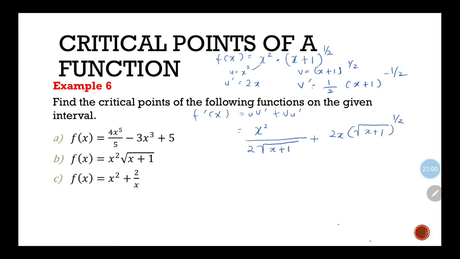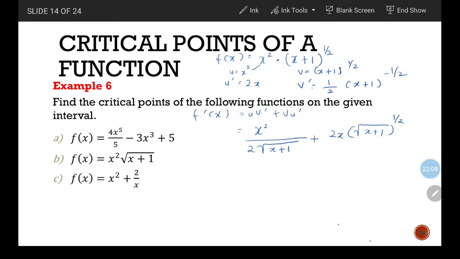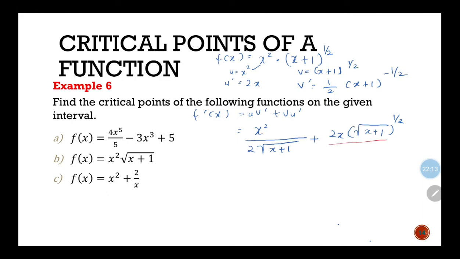So now we can use a common denominator here. Let me use another color. I hope you can see this.